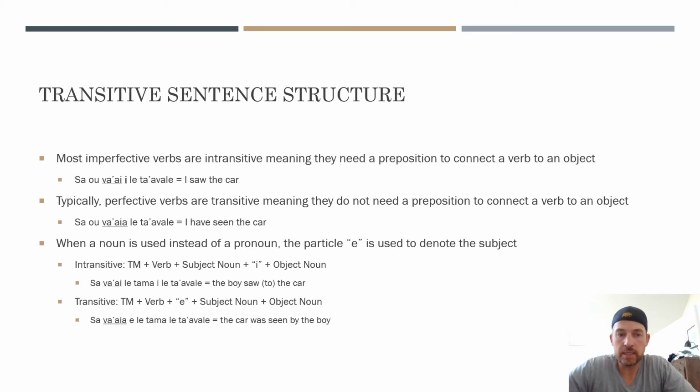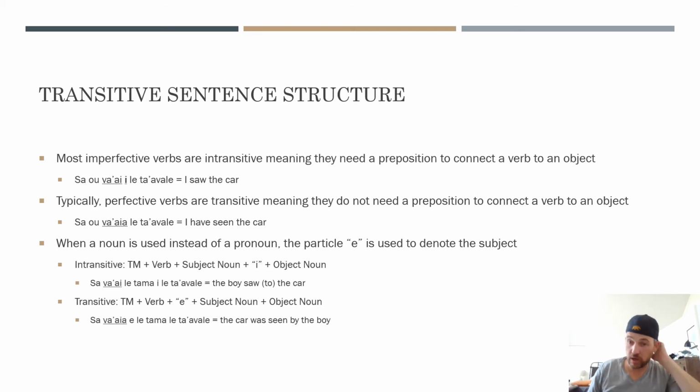So in this case, instead of saying "I saw the car," I'm going to say "the boy saw the car." The way that I'm going to do that in Psalm 1 is by using my tense marker, verb, subject, noun sentence structure. And again, I've got other videos on that, so I would go back and look at those. So it would go sa va'ai letama, and that means the boy saw.